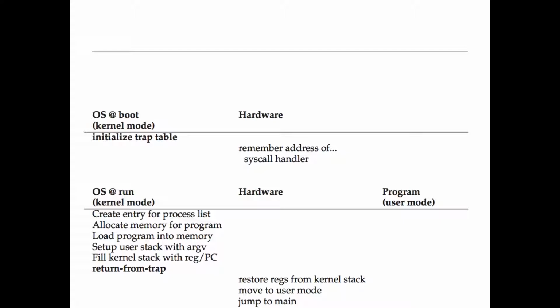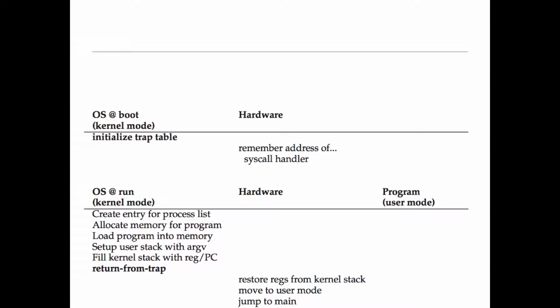Also, it's different for each of the processes, so you'll have to maintain some data structures per process. For example, there is a process list. When we go to the part of virtualizing memory, we'll understand that for each process there are certain more things we need to store. So it's stored differently per process.